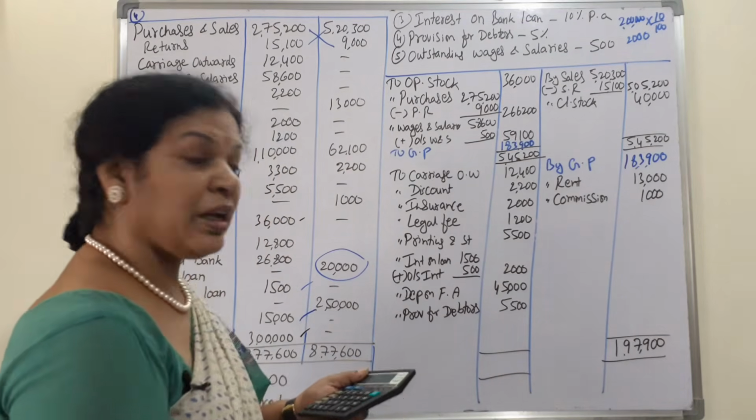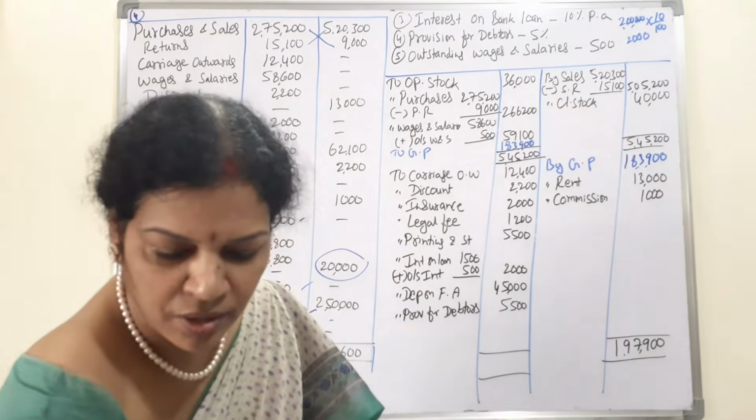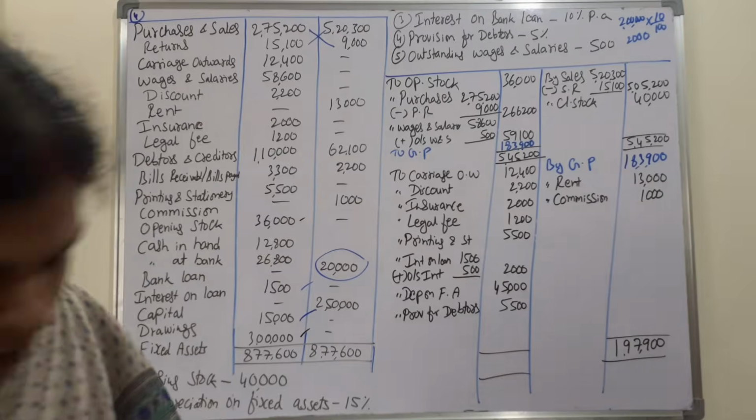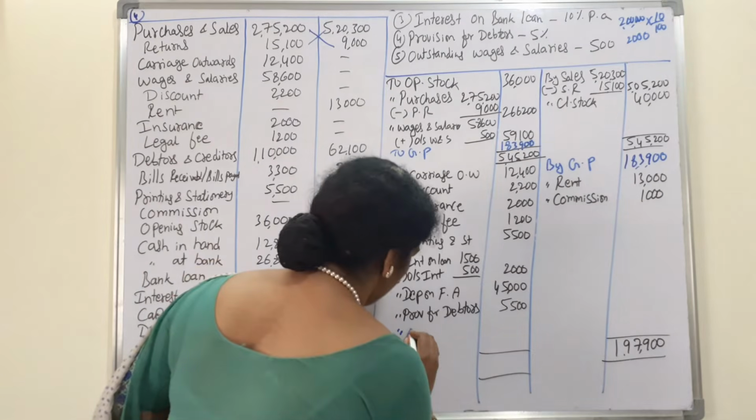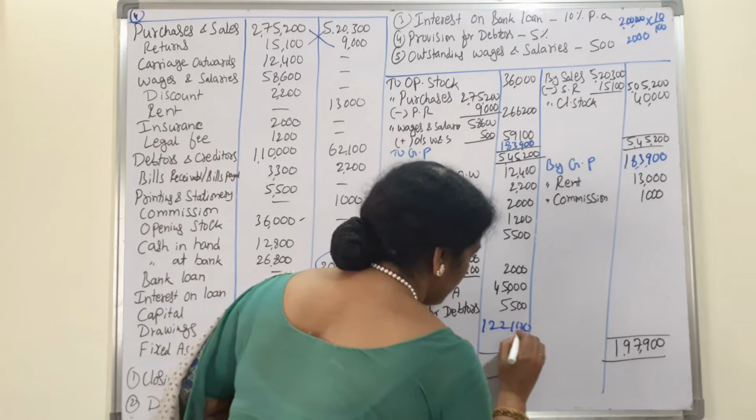It comes to 1,22,100. So this is the net profit: to net profit 1,22,100.